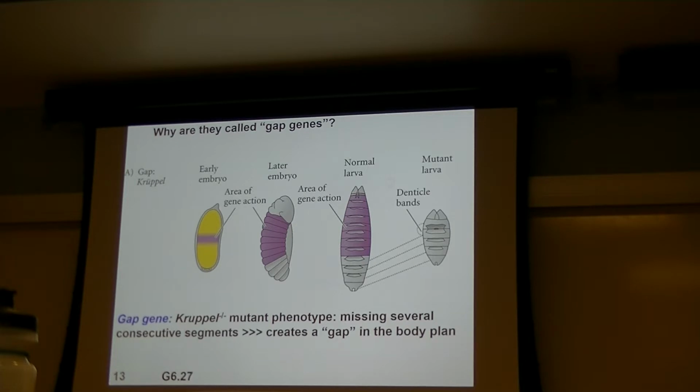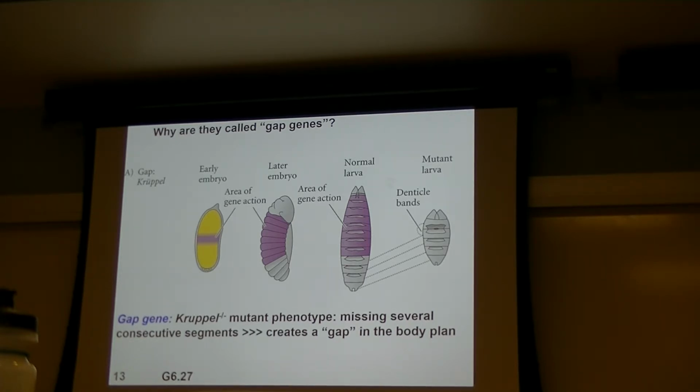Okay, so why would we call these things gap genes? The reason for that name comes from the mutant phenotype that arises when the gap genes are missing. Krüppel, we said, tends to be expressed in the middle of the embryo as it's forming.